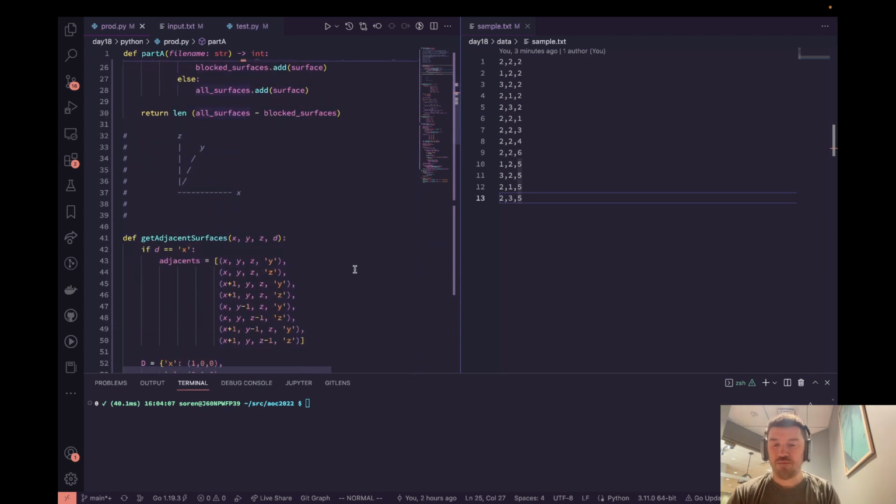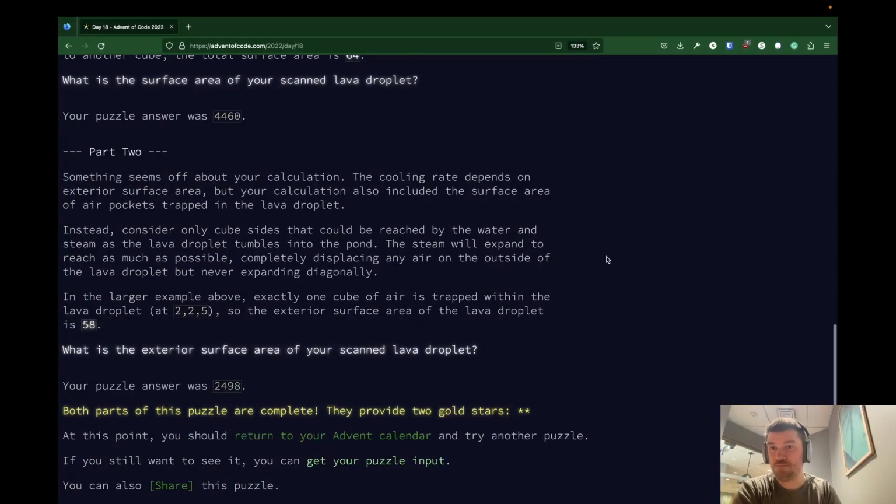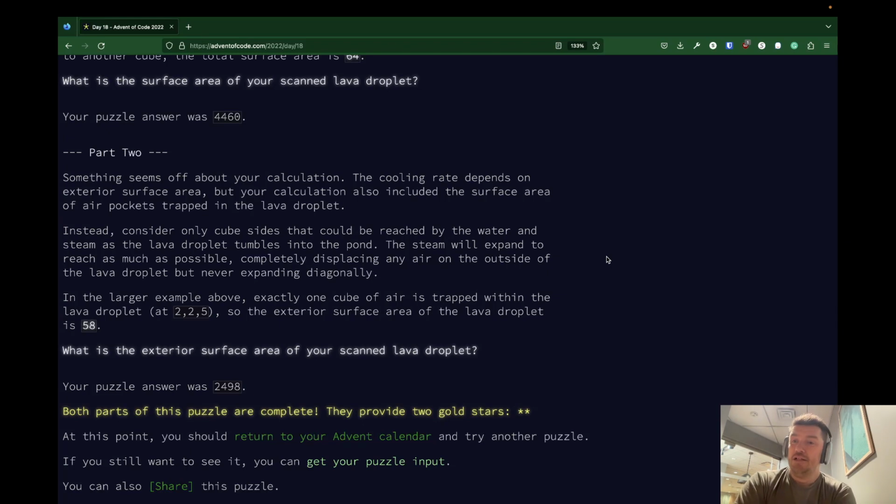So, part B, part two, sorry. Something seems off about your calculation. The cooling rate depends on exterior surface area, but your calculation also included the surface area of air pockets trapped inside the lava droplet. Instead, consider only cube sides that could be reached by the water and steam as the lava droplet tumbles into the pond.